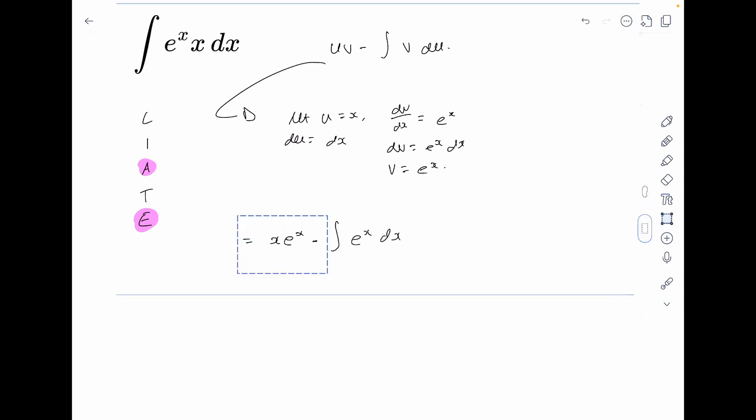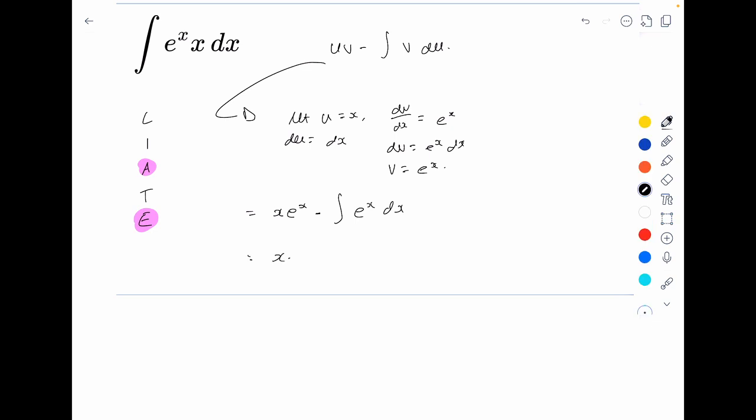And as you can see, that's made things so much more simple. So what we've got then is x e to the x minus e to the x plus c, okay? And that's going to be your final answer there. So evidently this is a very efficient way to solve this problem.